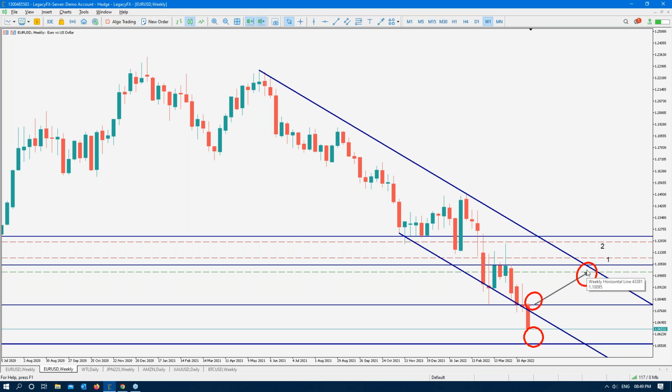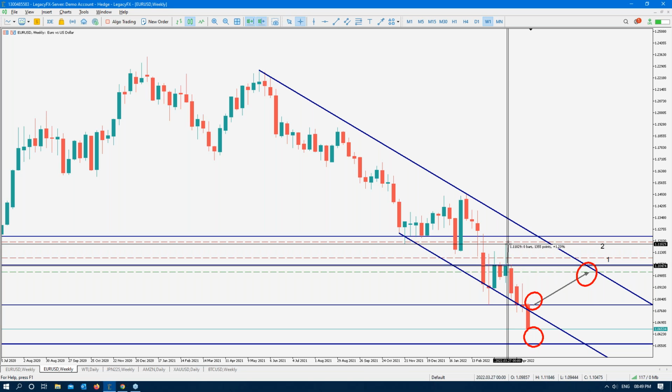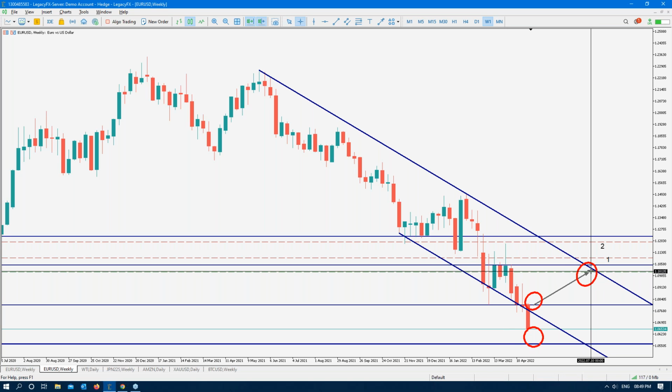To do it here, it needs to break not only the channel, the resistance, it needs to go all the way out to get there. And even then, from entry, the distance of the wick is 135 pips, it would reach the same level here. So you would still not be there. So 2, although a little bit on the safer side, you would actually go with 1.